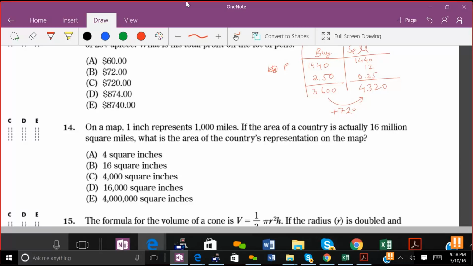So the ratio is 1 inch is 1,000 miles. We're trying to figure out what X is to 16 million square miles.